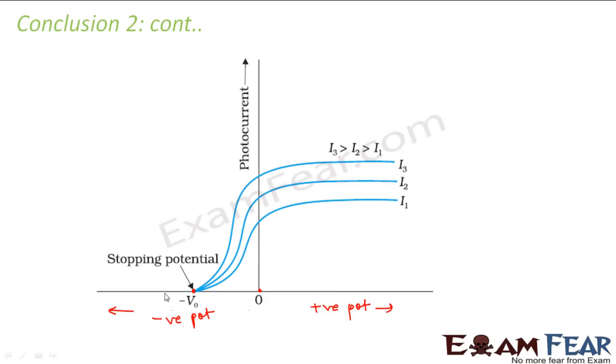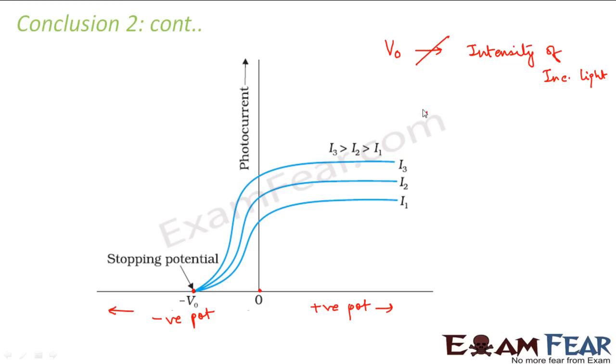So this graph shows that stopping potential does not depend on the intensity of the incident light, right? But what depends upon the intensity of incident light?